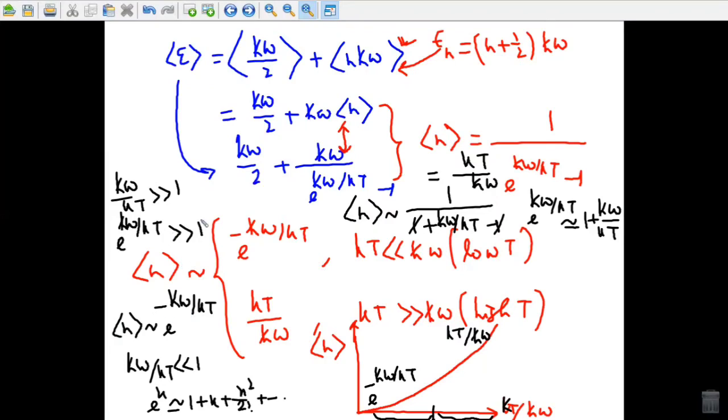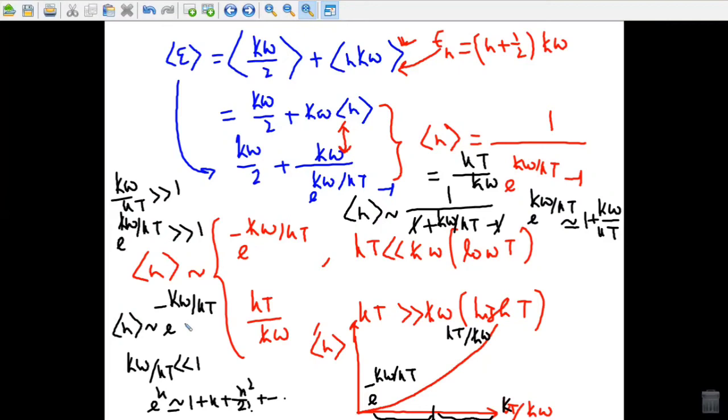If this exponential value is far greater than 1, we can neglect the 1, then this simply becomes 1 upon this exponential, which one can write as e to the power minus h cut omega by kT.